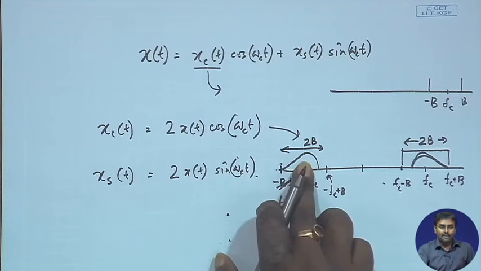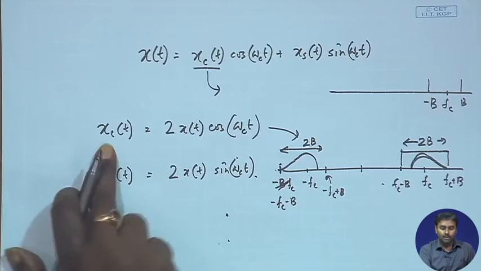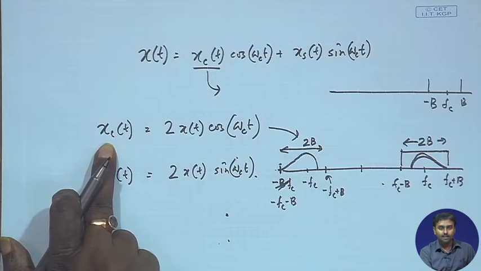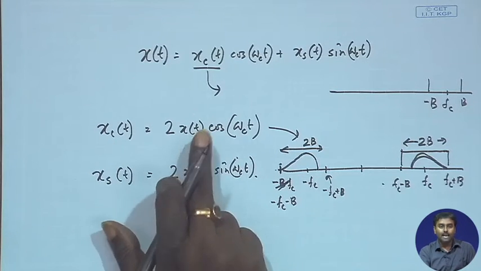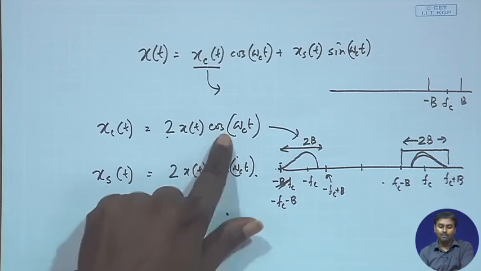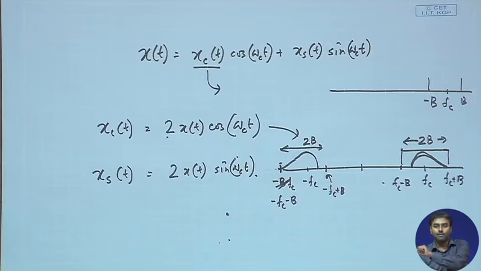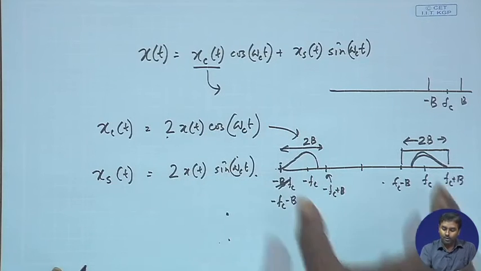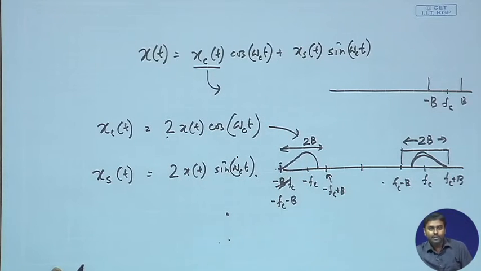So, now if this is x t, what is x c t, the in phase component, that is nothing but this x t multiplied by cos, and 2 is there because whenever I multiply by cos in the spectrum, there will be a half term. So, that will be cancelled out. So, whenever I multiply by cos, this whole thing will be shifted to plus f c and minus f c, right.